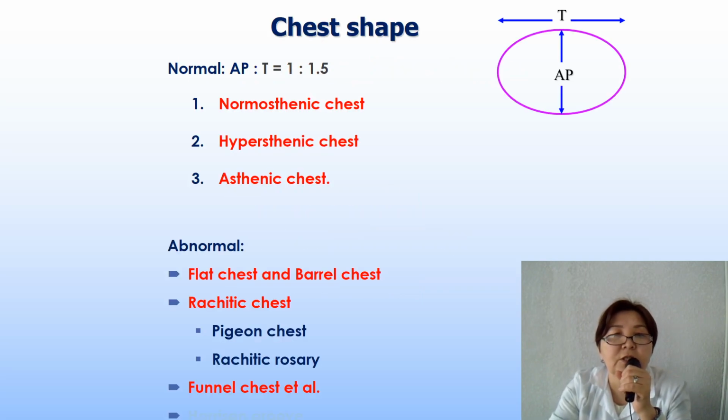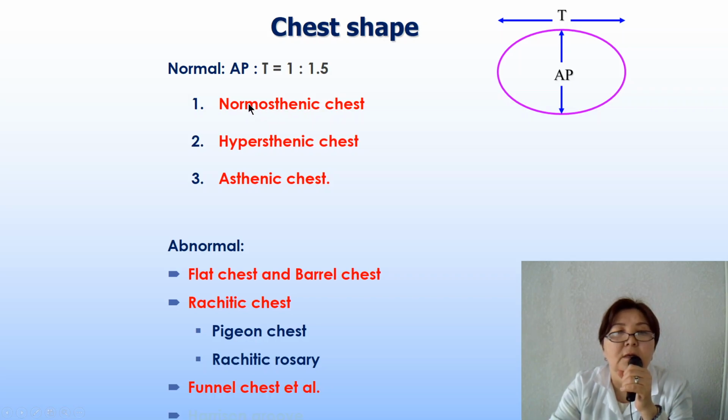Normal chest shape is the ratio of anterior posterior size to transversal, 1 to 1.5.